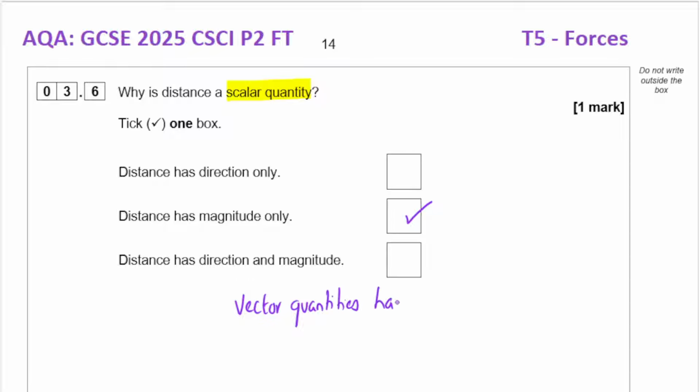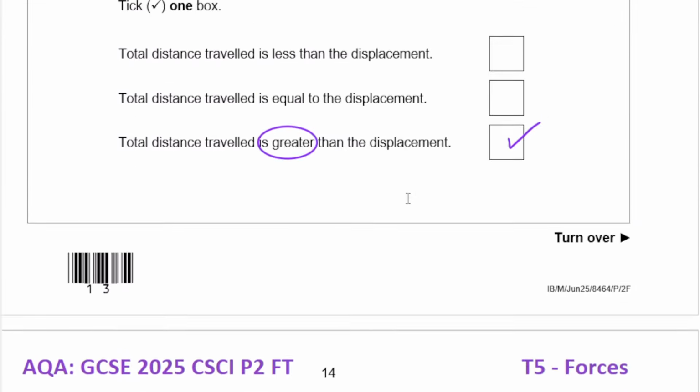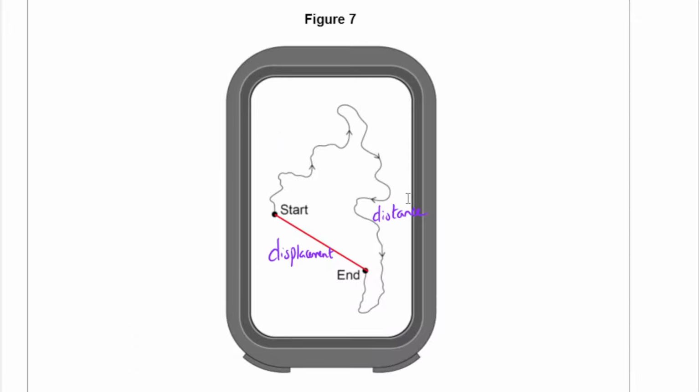quantities have direction and magnitude. So if I look at the map, displacement is actually a vector quantity.